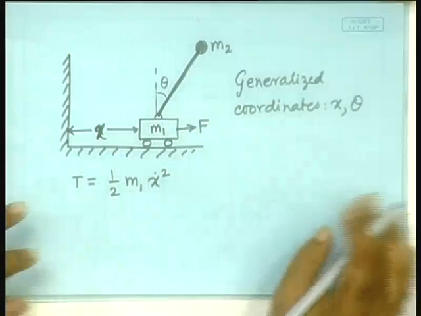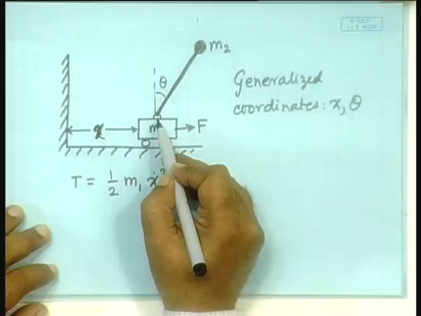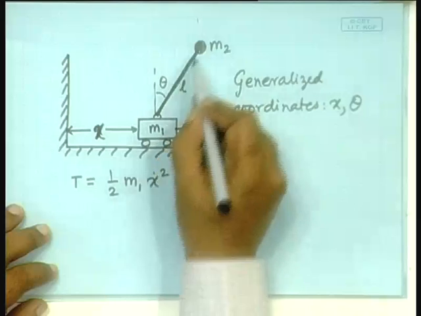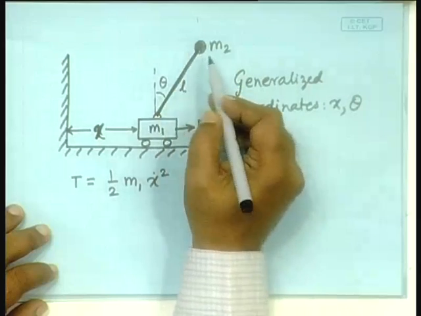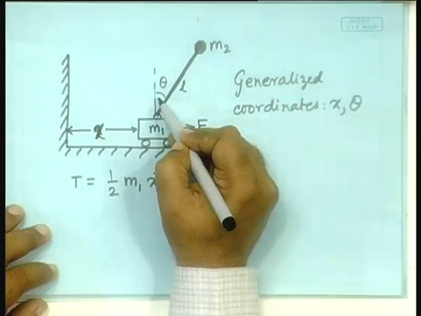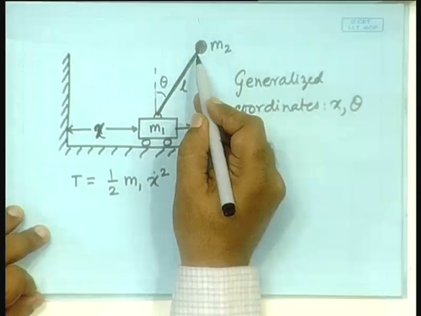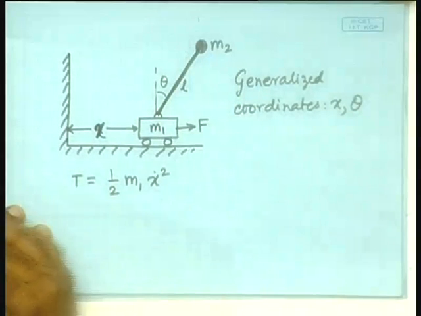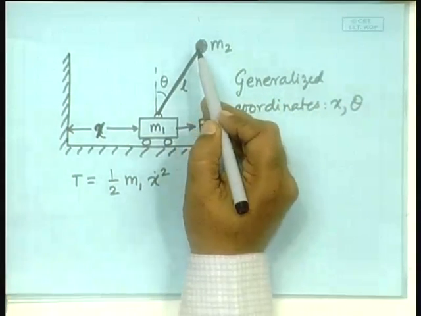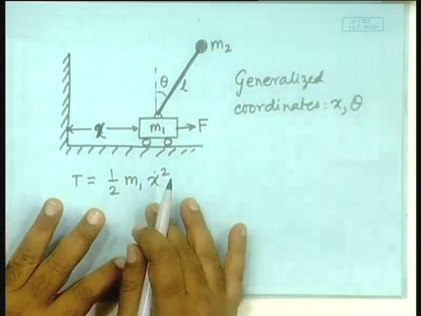There are two components really. The horizontal component is the horizontal component of this motion. If this is L, then L theta dot is the circumferential motion. L theta dot cos theta would be the horizontal component, and L theta dot sin theta would be the vertical component. The vertical component is unaffected by this motion. The horizontal component has this motion added to it. Simple. So, that way we can write down the T.